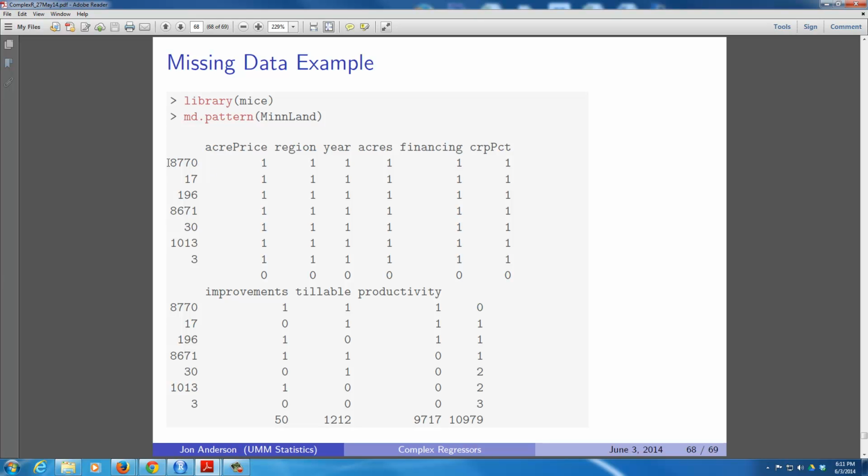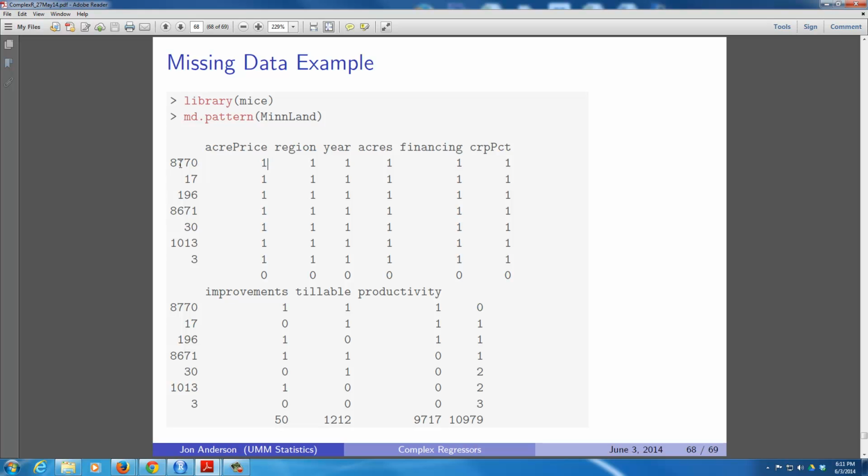The first row says that there are 8,770 cases that have absolutely complete data on price, region, year, acres, financing, crop percentage, improvements, tillable, and productivity. The 0 here in the last column means no missing variables at all.